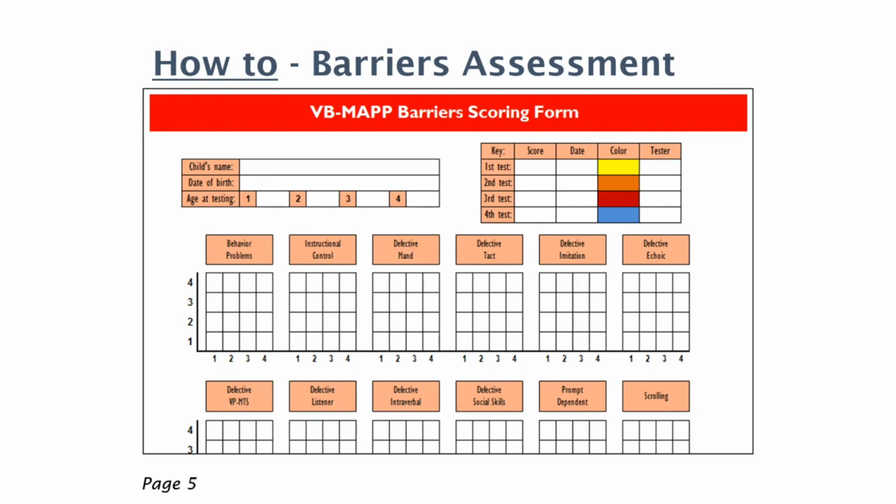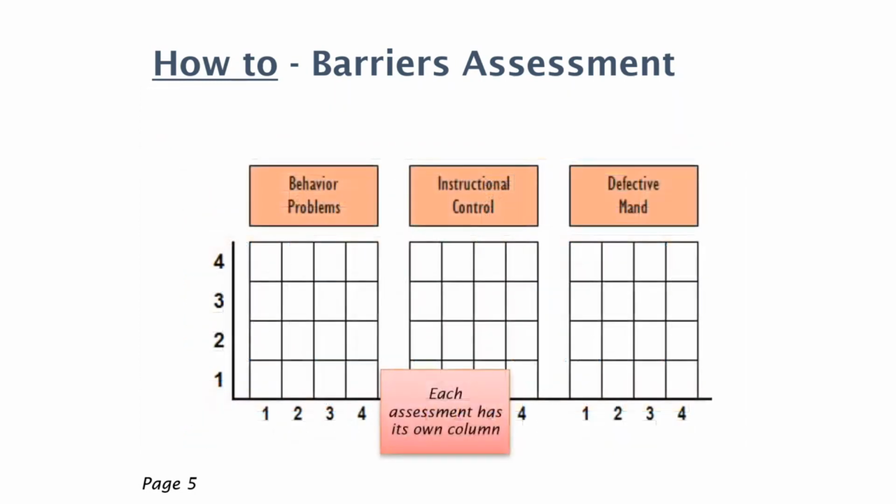Scores for individual barriers range from 0 to 4. A score of 0 means that the student does not present with this learning barrier. A score of 1 to 2 means that the barrier exists but it is not significant and a formal intervention plan may not be required.